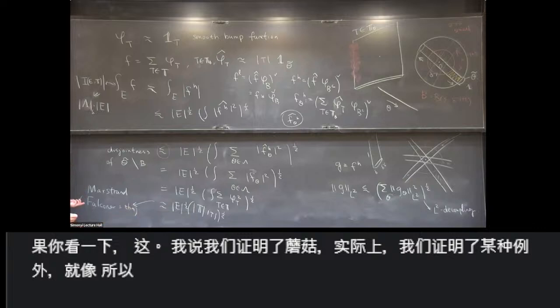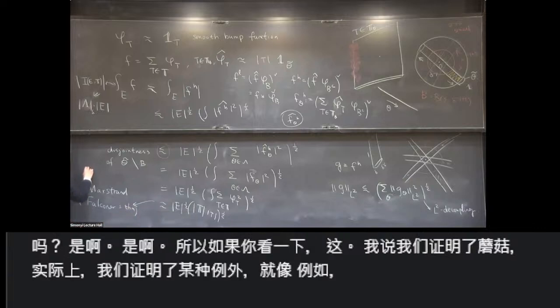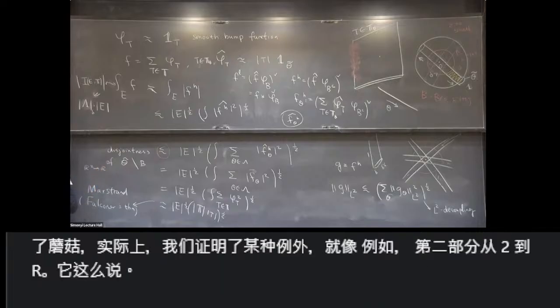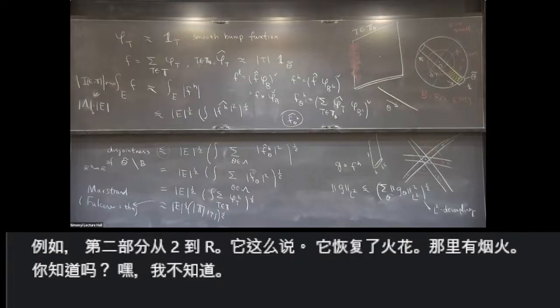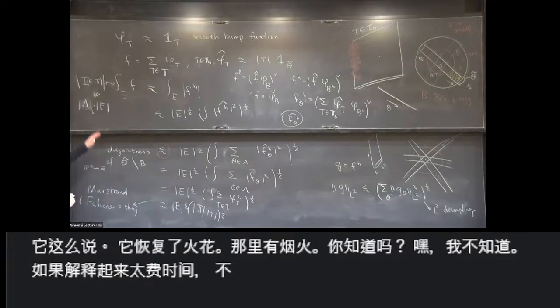For example, if we map from R2 to R, it recovers Falconer's theorem.